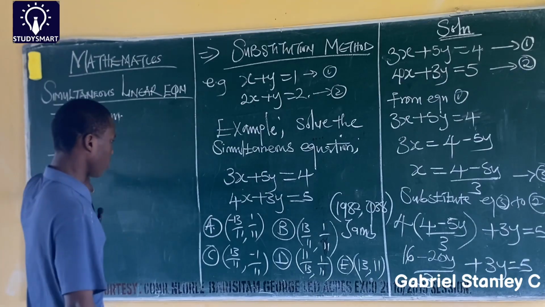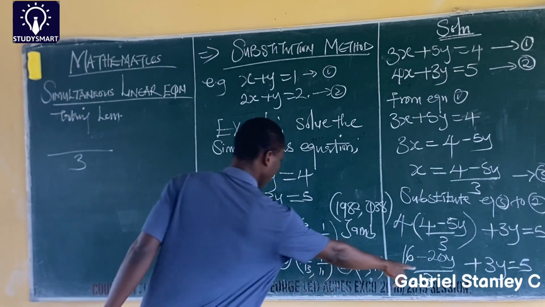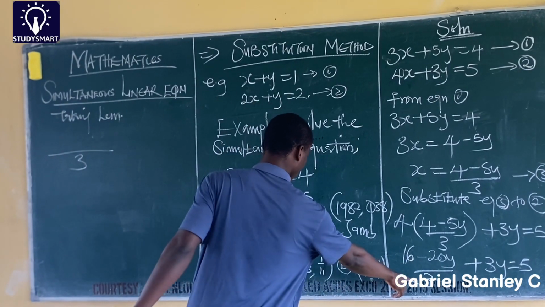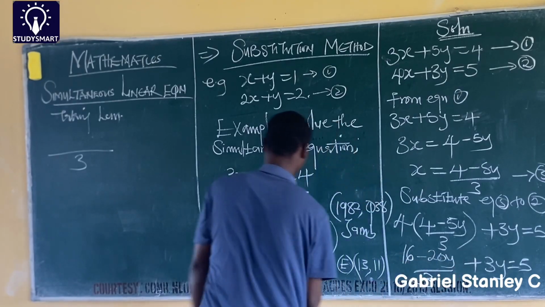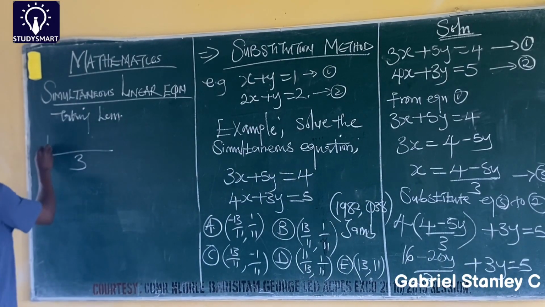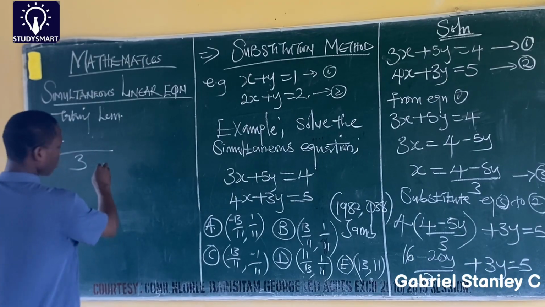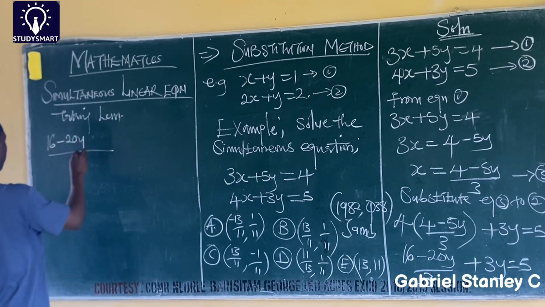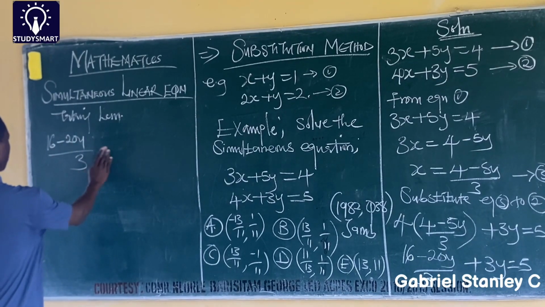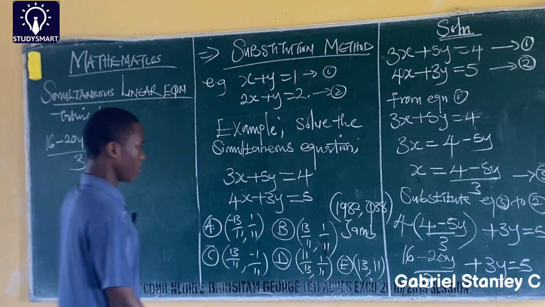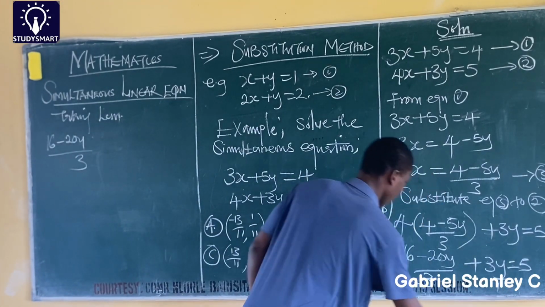So 3 cancels 3 here, we have 1. So 1 times the whole of this expression is going to give me back that expression, 16 minus 20y. Then don't forget this over 1 here.